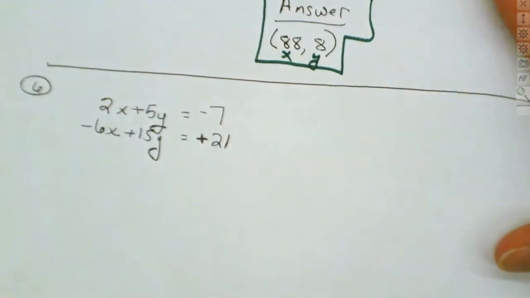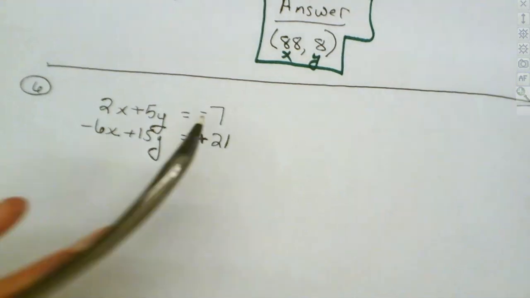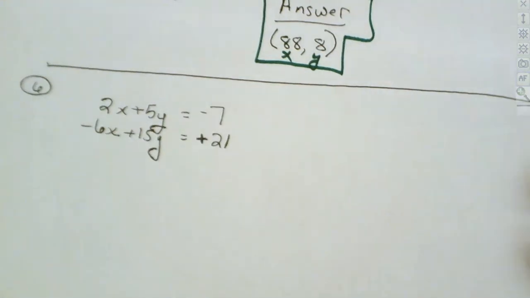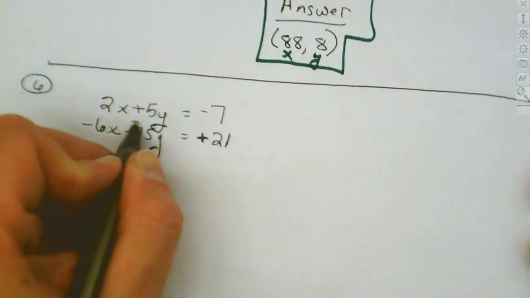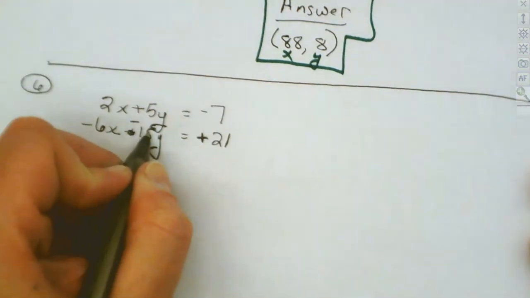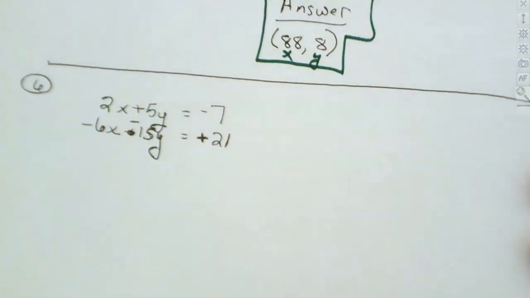It's easy to copy these down incorrectly. So easy to make a mistake with these. We've got 2x plus 5y equals that negative 7. Next equation, this is question 6 from your homework, minus 6x minus, I made a mistake here, minus 15y. Sorry about that. It's easy to copy something down wrong. So minus 15y and a plus 21.